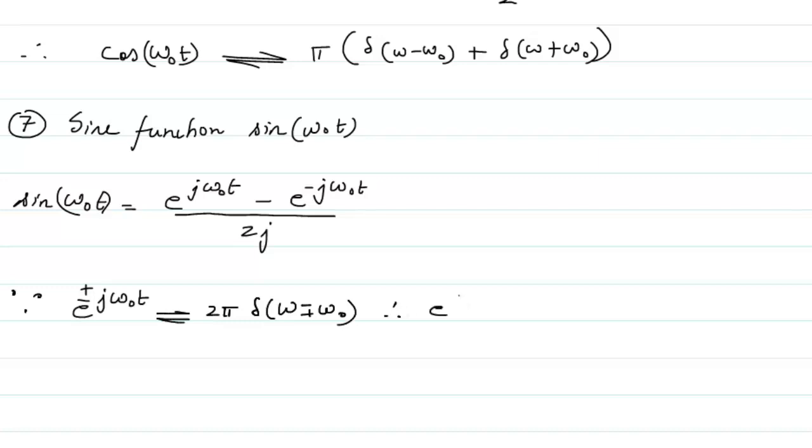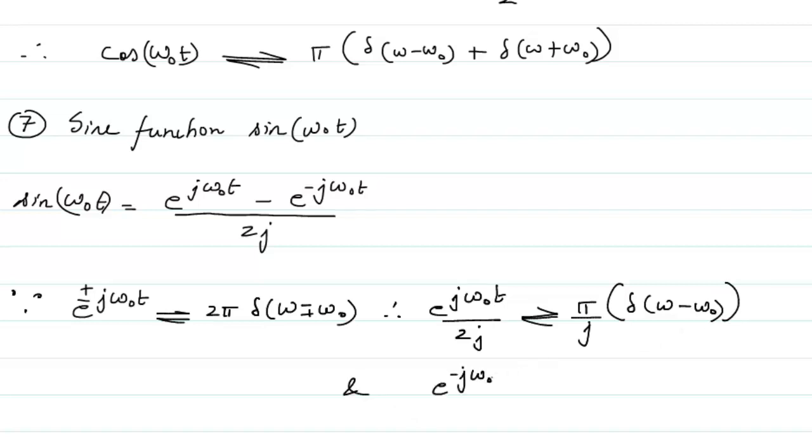Therefore e raised to power j omega naught t divided by 2j is, with the 2 canceling off, pi by j delta omega minus omega naught, and similarly e raised to power minus j omega naught t divided by 2j gives pi by j delta omega plus omega naught.